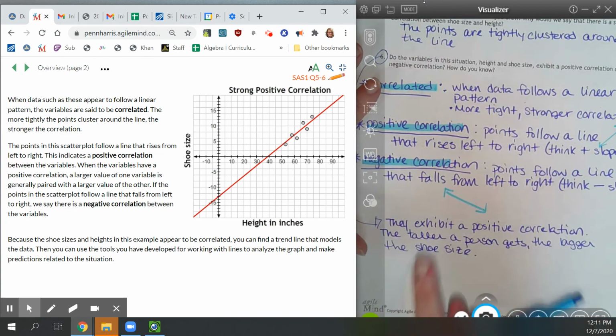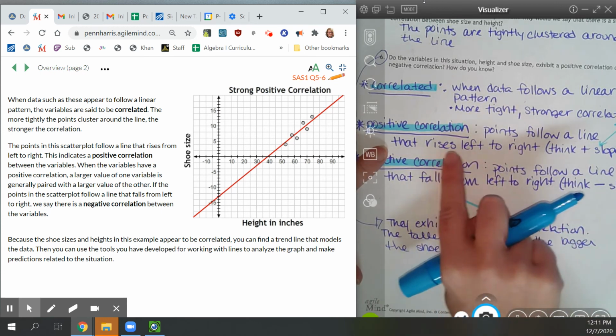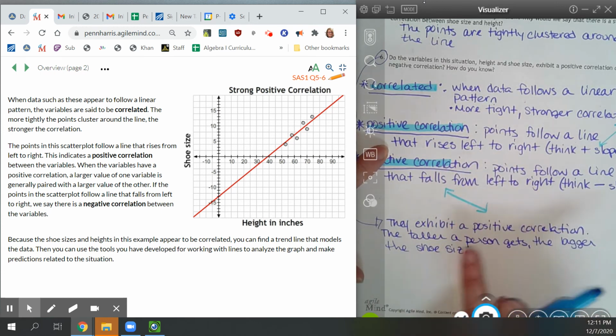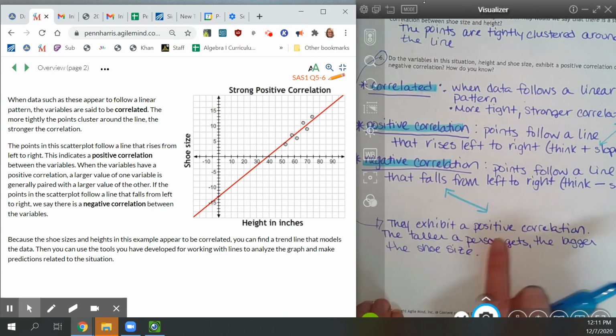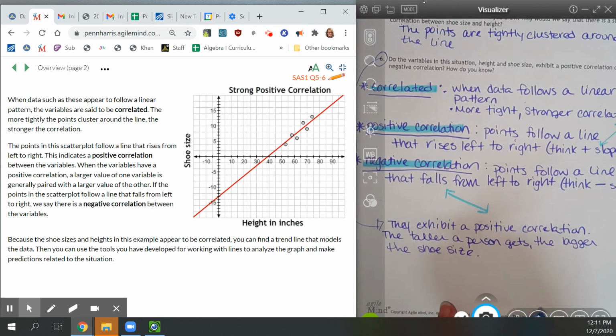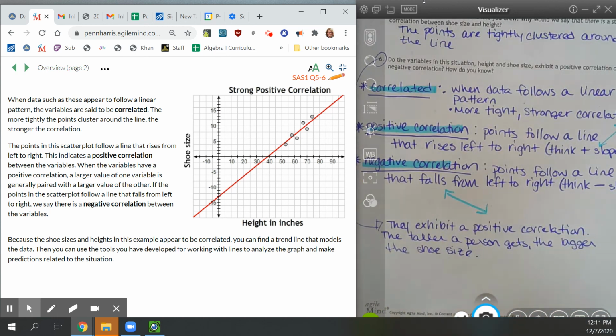Because they are tightly clustered around the line and they exhibit a rise from left to right, we would say that this data exhibits a positive correlation. And a conclusion that we can draw from this is that the taller a person gets, the bigger their shoe size may be.